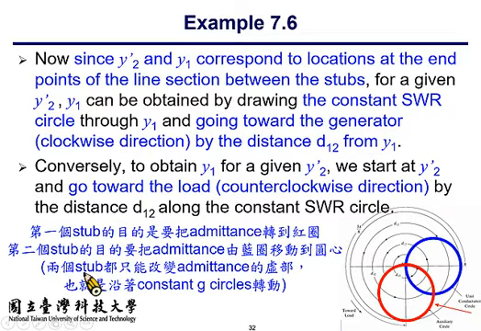And as you already noticed from the remarks, a short stub can only change the susceptance, but not the conductance. They can only change the susceptance part of the admittance.